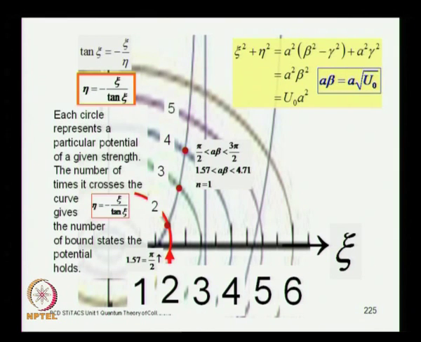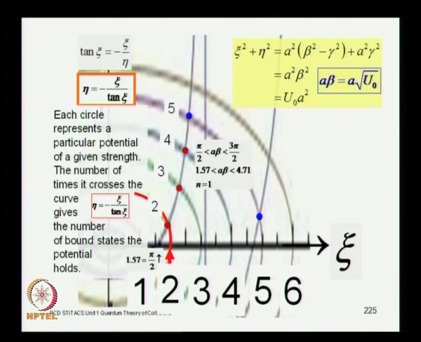Now, what happens if the radius is 5? Now it has crossed 3 pi by 2. Okay? And because it has crossed 3 pi by 2, you will get 2 bound states, because it crosses at 2 points.